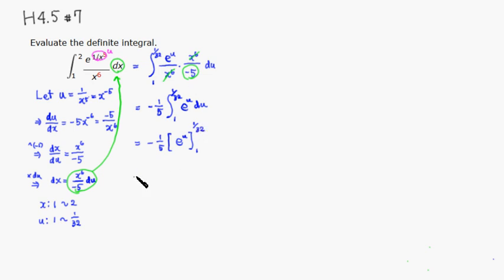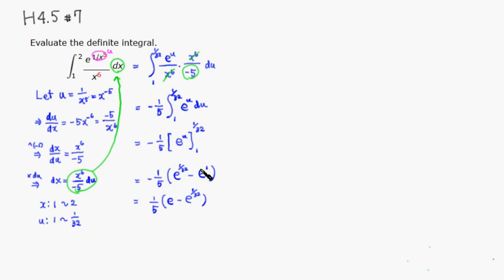So what you get is negative 1/5, plug in the upper limit first, e to the 1/32, minus e to the first power, or just e. If you want, you can incorporate this negative sign. I will probably write it as 1/5, and instead of negative e, put e minus e to the 1/32.